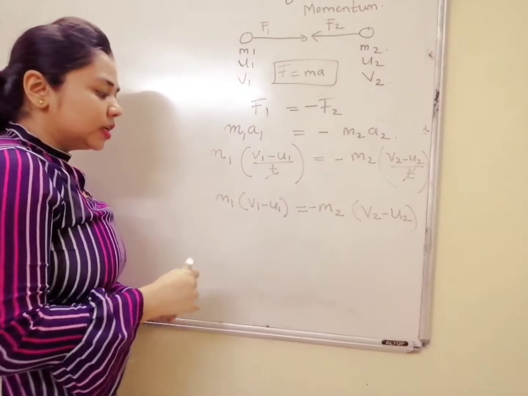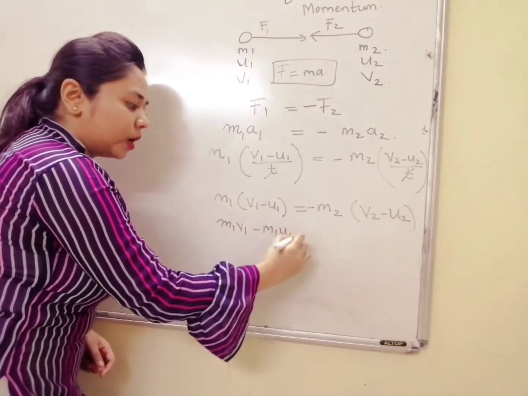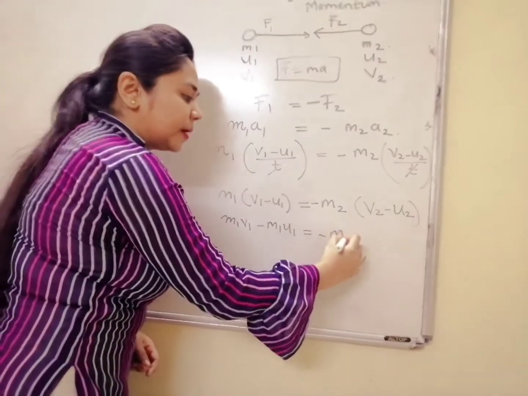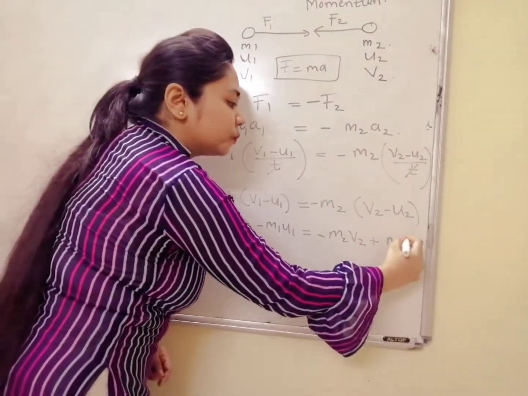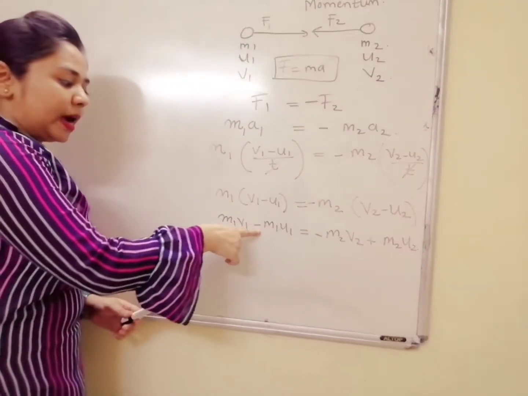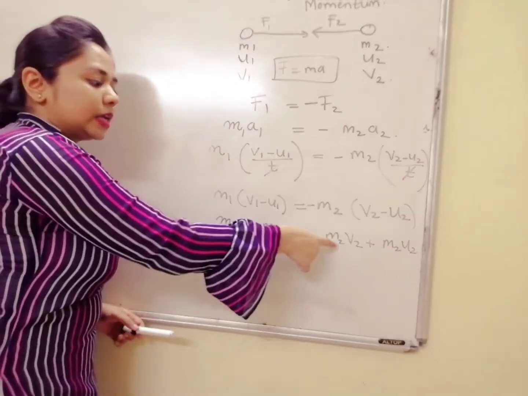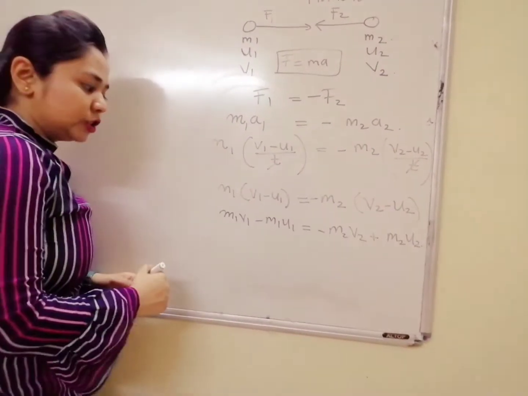Now just rearrange them. M1 V1 minus M1 U1 is equals to minus M2 V2, minus minus it will become plus M2 U2. Okay, so M1 V1 minus M1 U1 is equals to minus M2 V2 plus M2 U2. Now what we are going to do? Rearrange them.